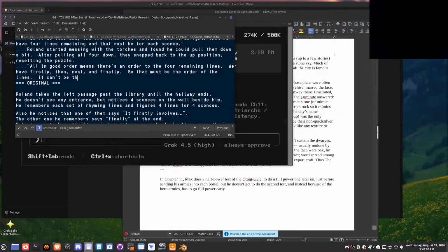And it can't be that easy. Apparently, these lines indicate numbers.